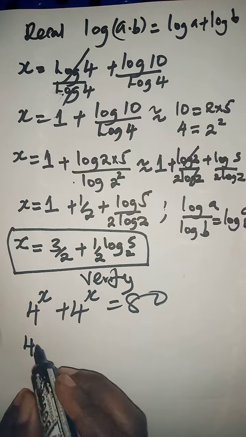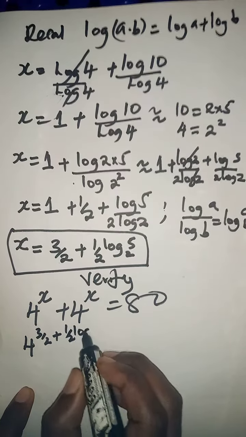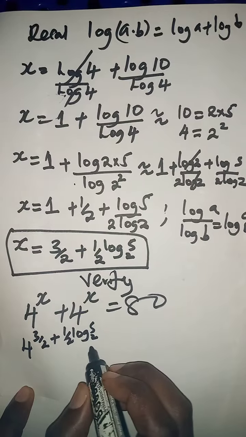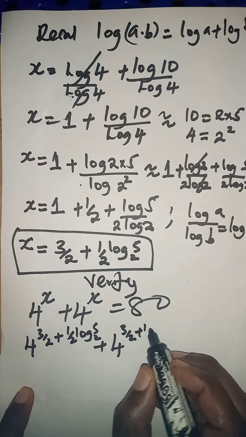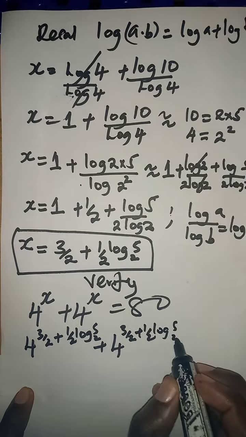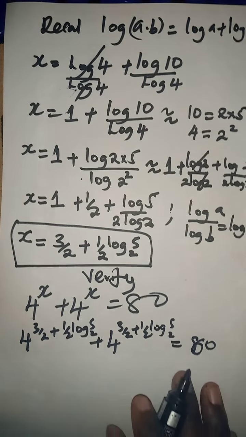So that becomes 4 raised to 3 over 2 plus a half to the log of 5 base 2, plus 4 raised to 3 over 2 plus a half to the log of 5 base 2. That's going to give me 80.